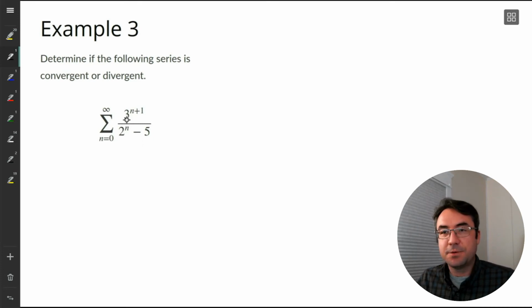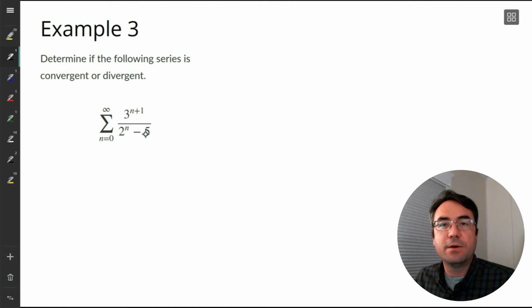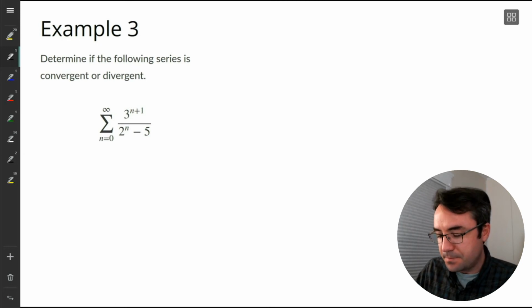We see these terms that are raised to the power n. So this should look like a geometric series. We see constant numbers being raised to the power n. And the only thing that really puts a wrinkle in this is that minus 5. So really it's that minus 5 that is confusing things.